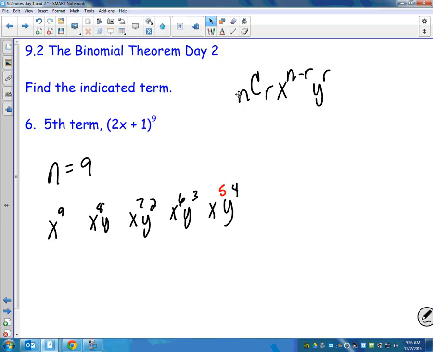The first term always has a y to the 0, right? The second term has a y to the first. So I just want you to be aware that the fifth term is always going to have one less than the term number. If I asked you for the 8th term, that's the 8th term. It's not one less.